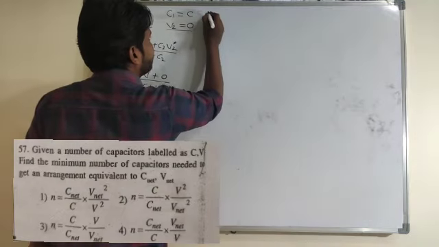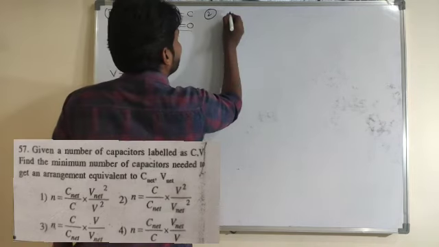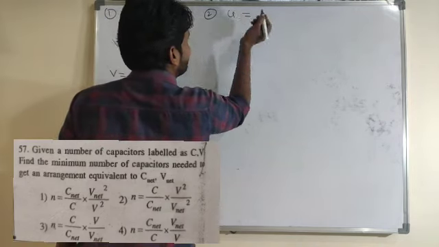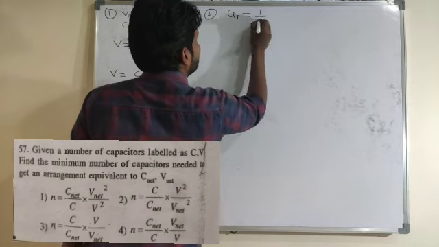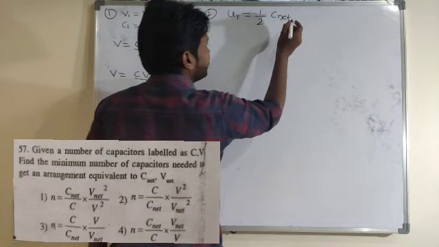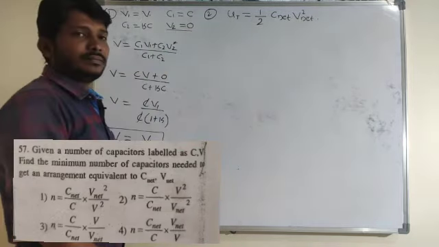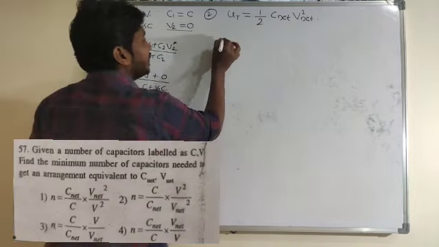For that purpose, first I will consider the energy stored. The total energy stored is half of C net into V net squared.